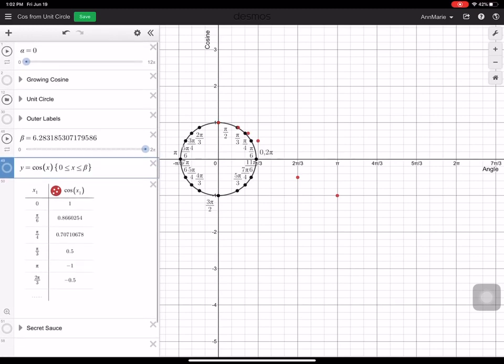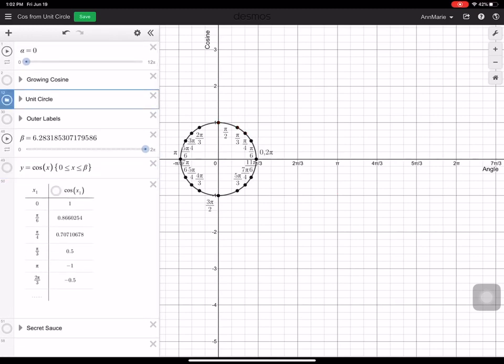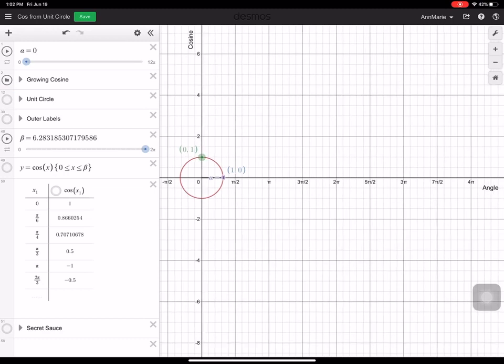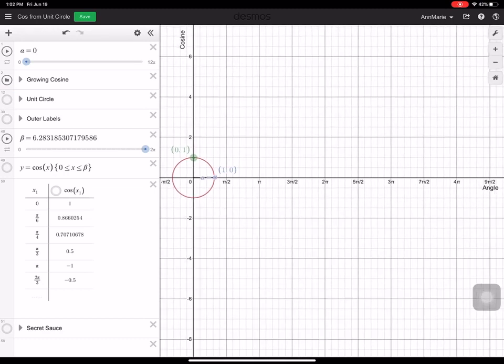So this guy kind of does the same thing, but he keeps going. I'm just going to let this angle up here play around, and notice that we are again building that cosine curve.